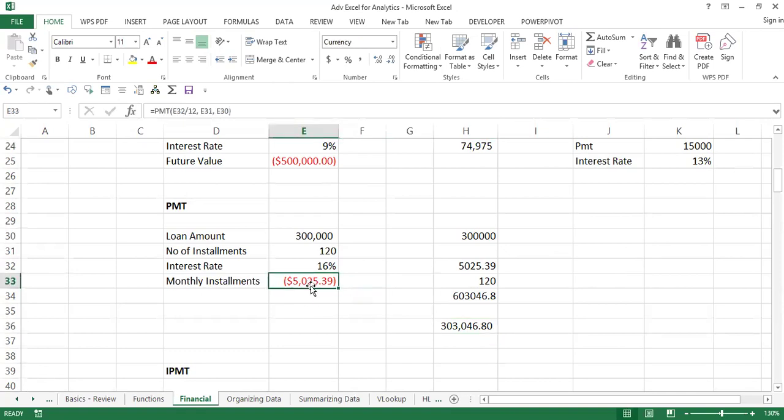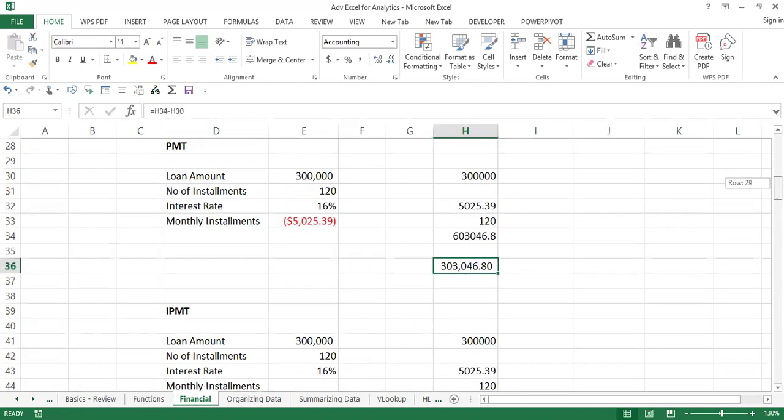Look at it now. This amount, this monthly payment amount, you are paying this monthly for 120 months. When you multiply this by this, we got the total payment. Now, when we subtract the initial loan from this total payment, we got 303046.